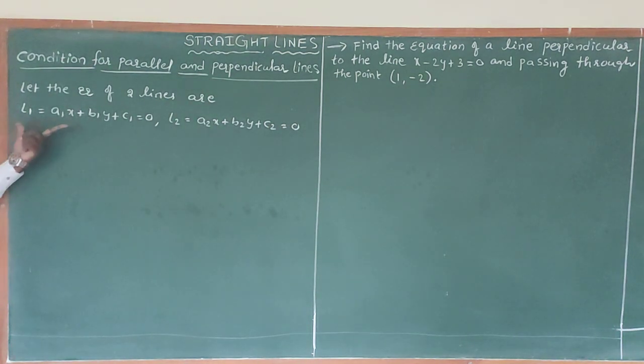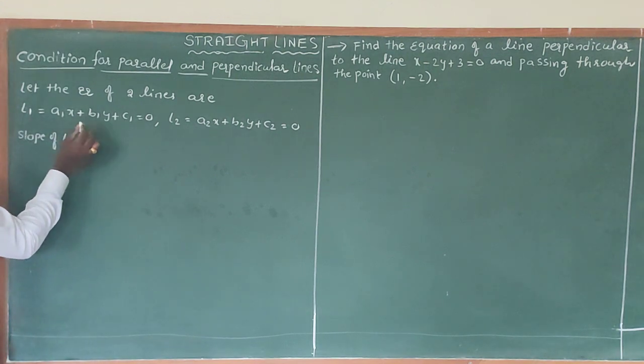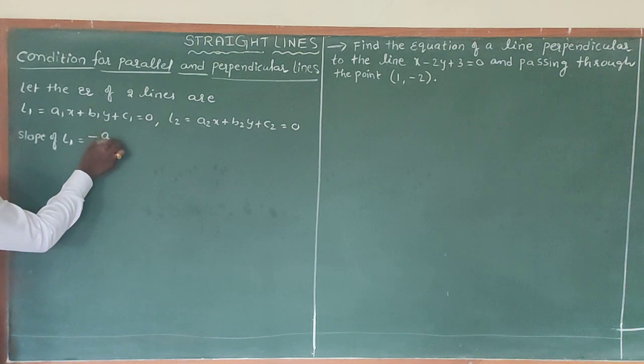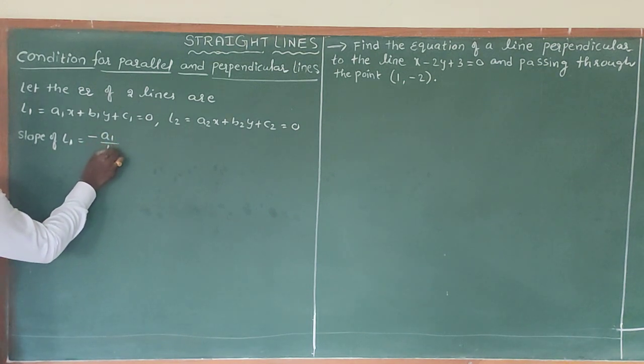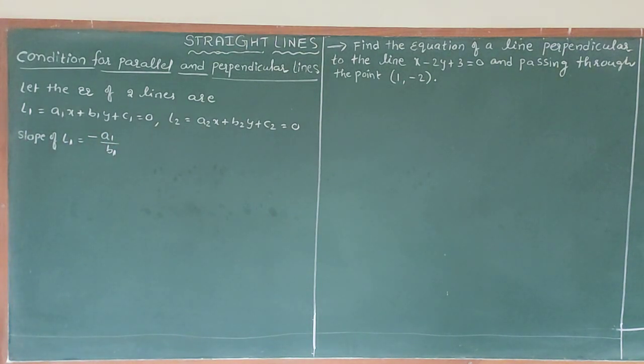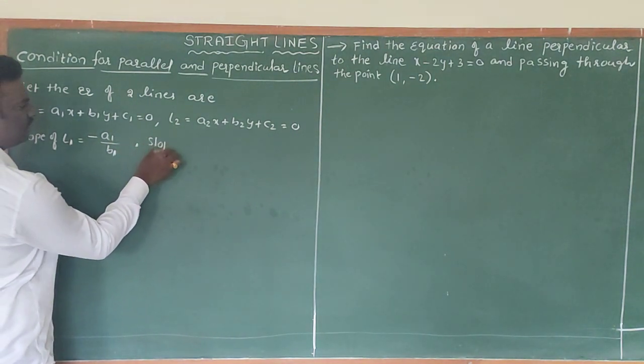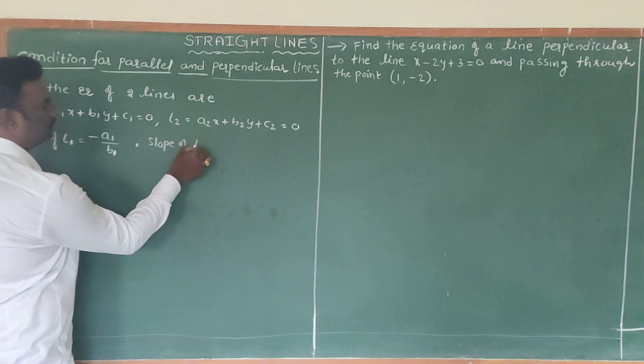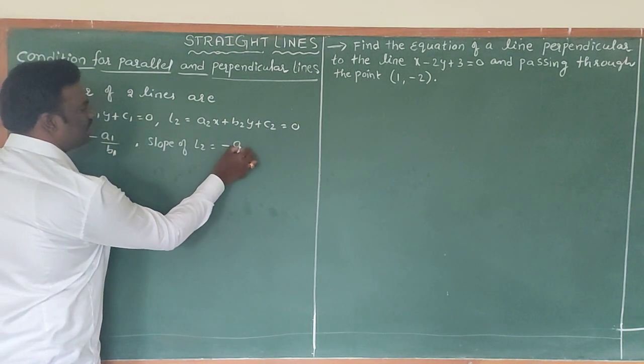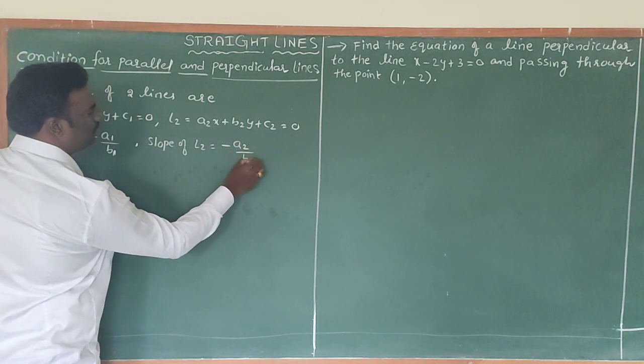Now I am finding the slope of the first line. Slope of L1 equals minus x coefficient by y coefficient. This is the formula for slope. Now I am finding the slope of L2, minus x coefficient by y coefficient.